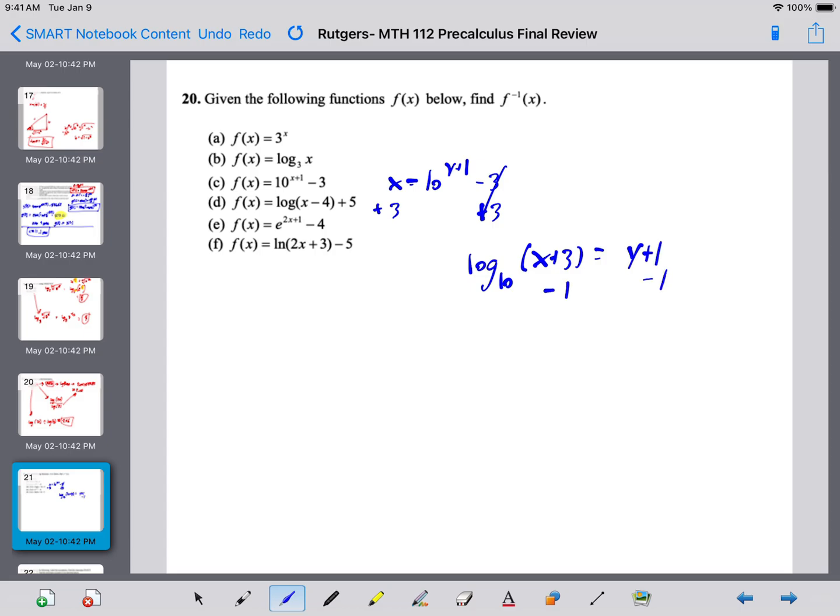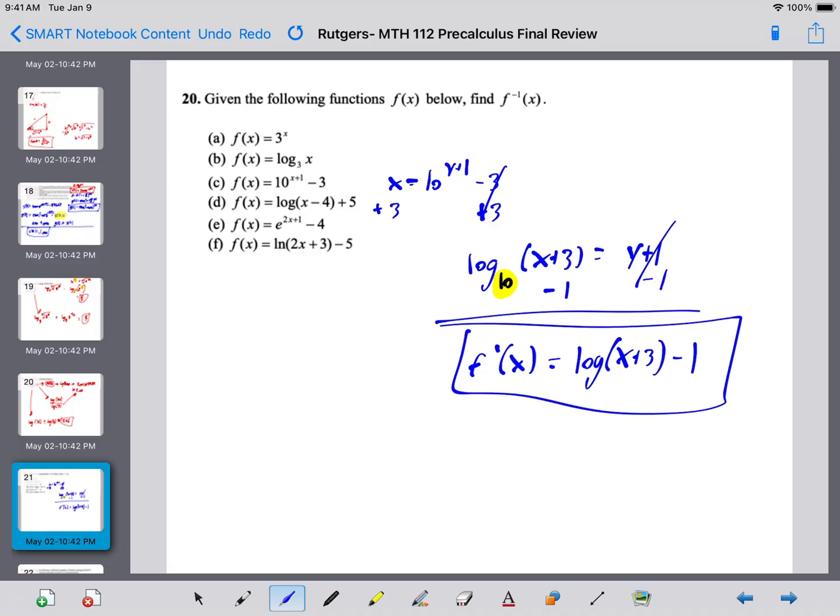You could then subtract 1 on both sides. Remember, if it's base 10, you don't have to write the base. That's your common log. So we have the inverse of f of x equals log of x plus 3, minus 1. All right, that was question C.